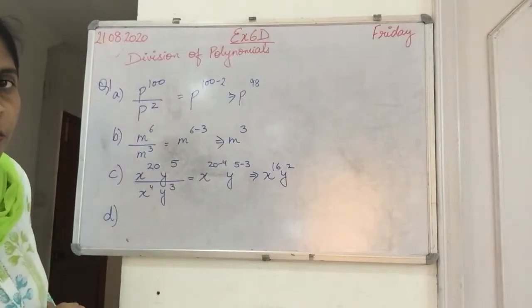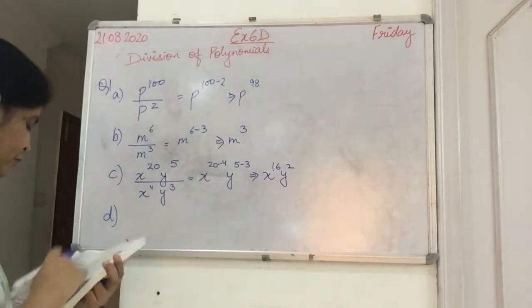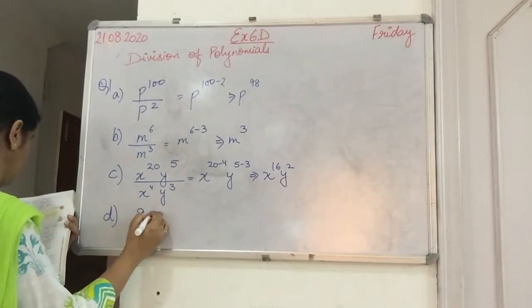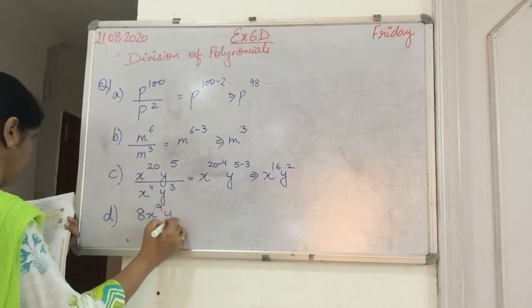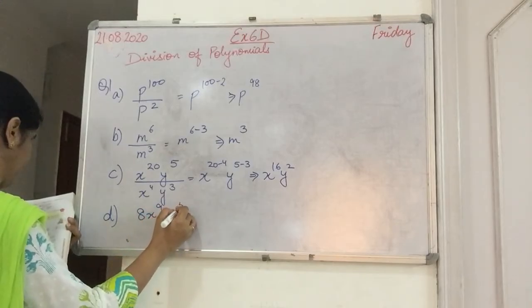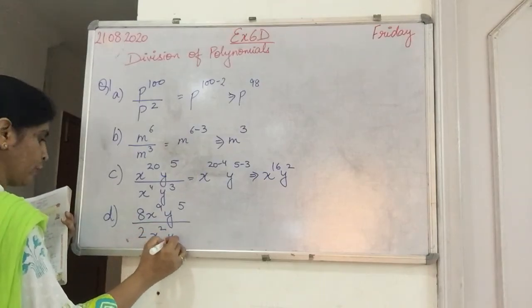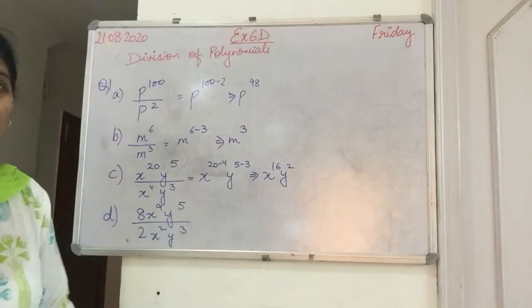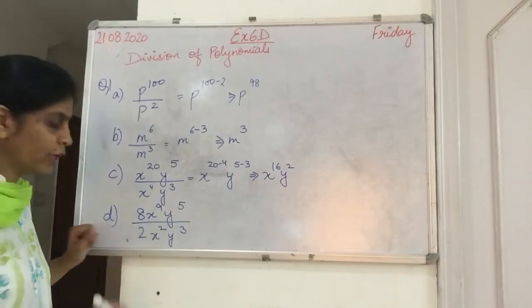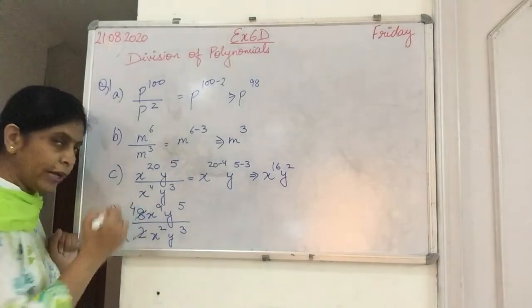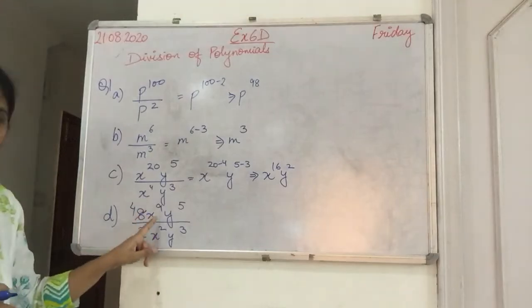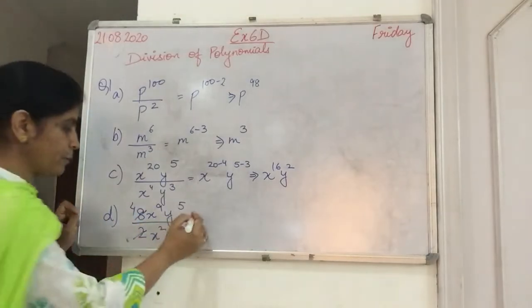Now in D part you will see the coefficient. So 8 x raised to the power 9 y raised to the power 5 upon 2x square y cube. Now when you have a coefficient, you cut the coefficient directly, but please don't cut the powers. Powers will always be subtracted.